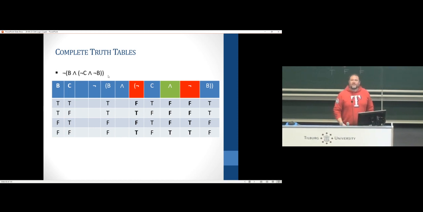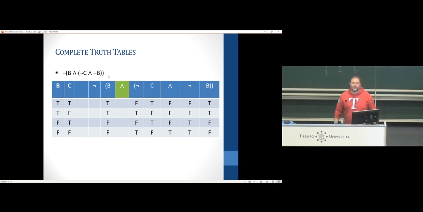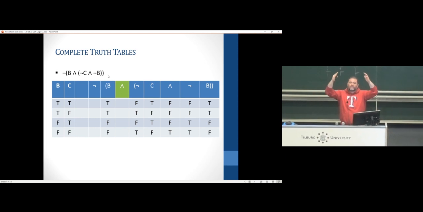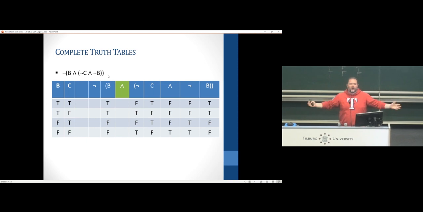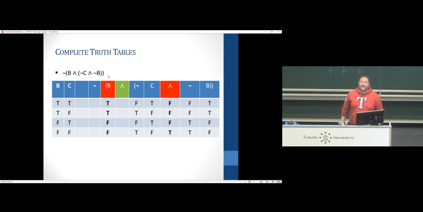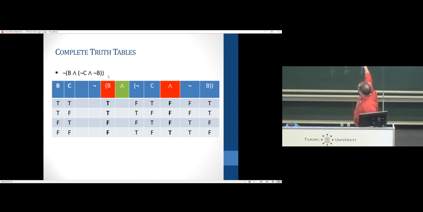So, what's next? Where would we go next? The other conjunction, right? That's our next level up. Now, where is our conjunction looking? What are the input columns for this conjunction? B and the conjunction we just filled in. They're the ones that are going to determine what truth values we plug in here.